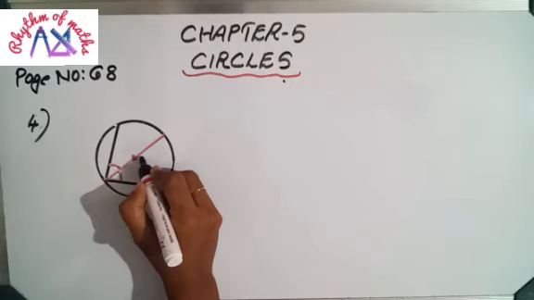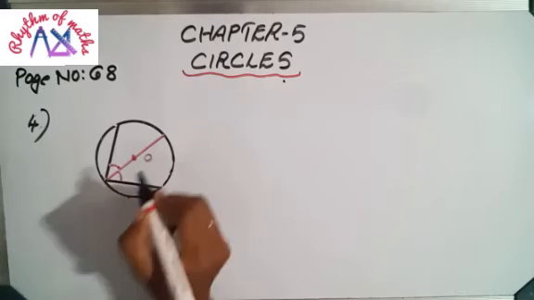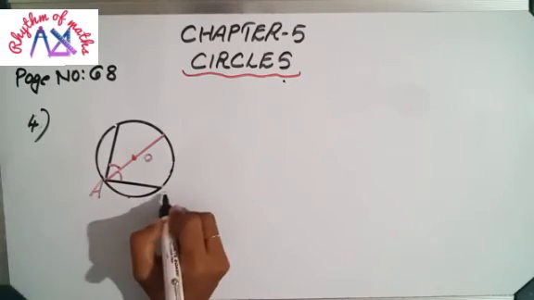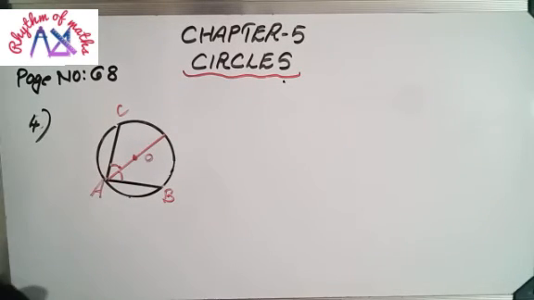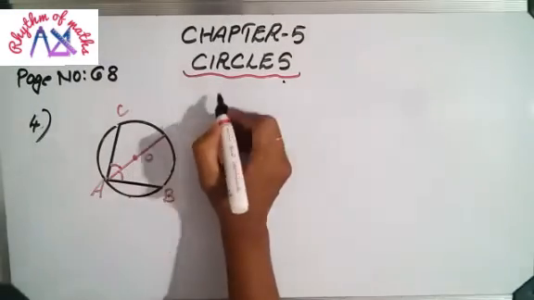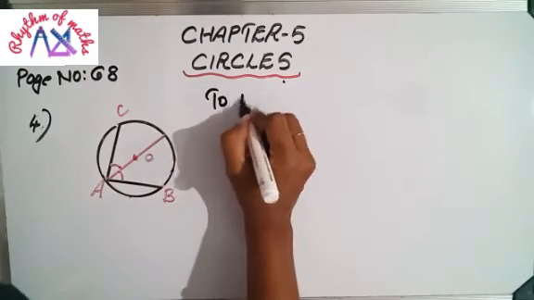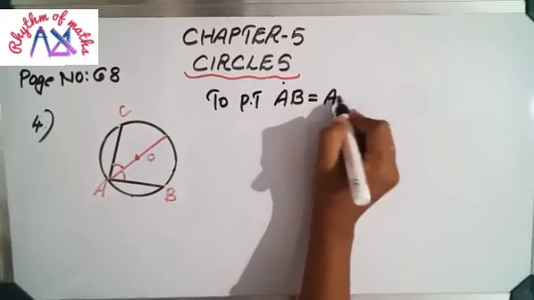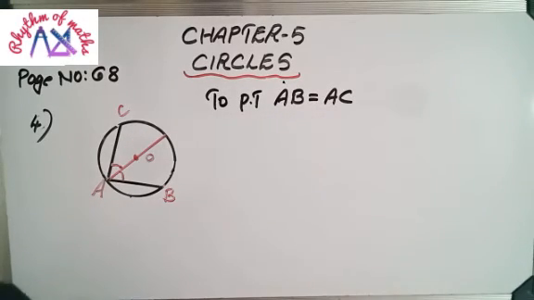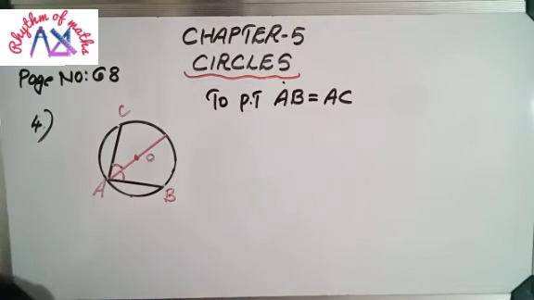Same as the previous question, let's mark the center point as O, the first chord as AB, and the second chord as AC. We need to prove that AB equals AC. The method is the same as in the previous case.